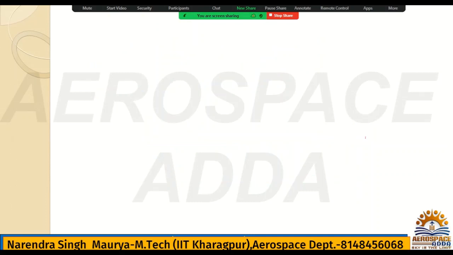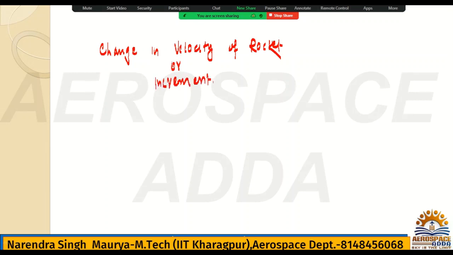So see what we have, change in velocity of rocket. As I told you, this is also called incremental velocity of rocket. Sometimes they will use this term also, so I have written.